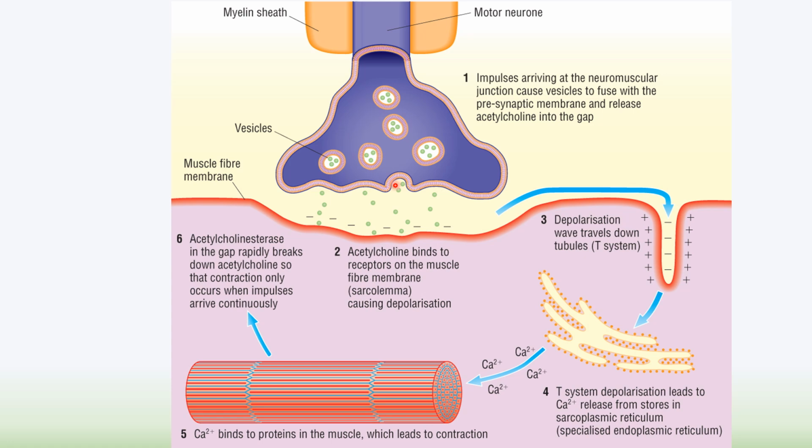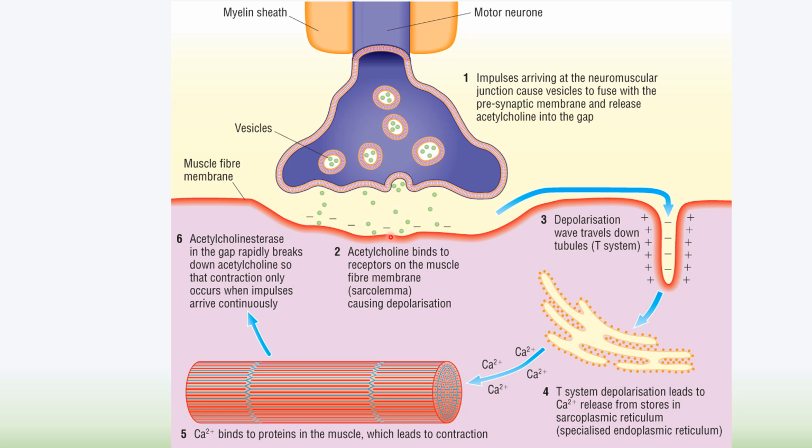That acetylcholine then diffuses across the synaptic cleft, and there are receptors, just like in normal synapses, on the membrane of the muscle. The membrane of the muscle cell is called the sarcolemma, and it has sodium channels which open when the acetylcholine attaches to it.